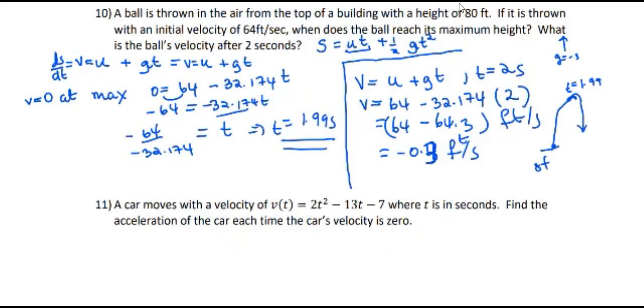After 2 seconds, it's going to be here, just starting to accelerate and speed up again. So you expect it to have such a small speed after a tiny fraction of a second. It's going to be moving really slow, but in the opposite direction. Notice that the velocity after 2 seconds, after it reaches the highest point, is going to be negative.